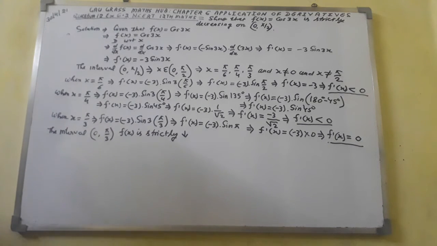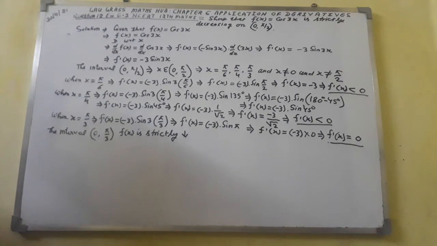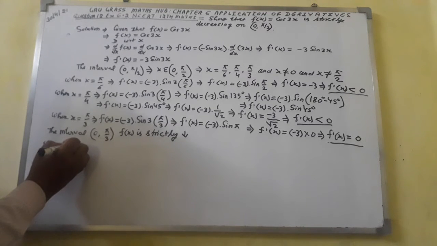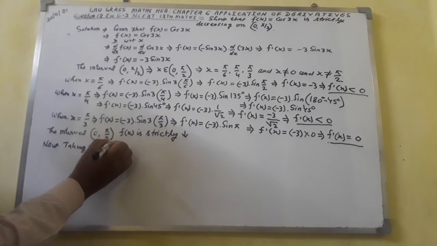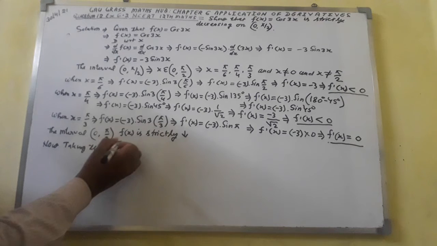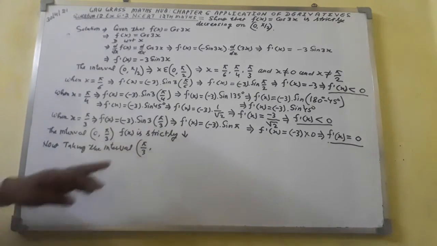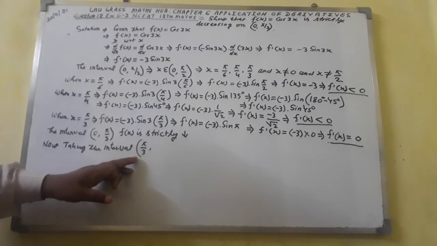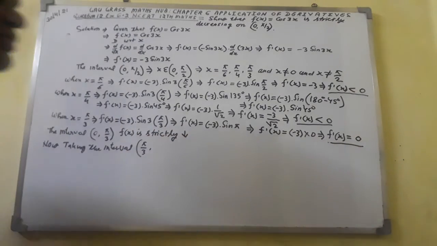This is the case. Now I shall take another interval. You have to show now, taking the interval open interval pi by 3, meaning pi by 3 will not be taken into account, because at x equal to pi by 3, f dash x you have got equal to 0.